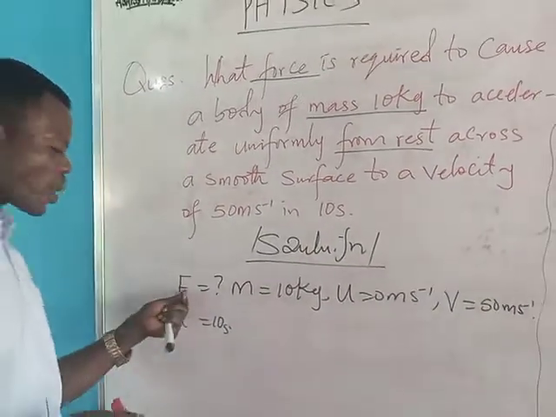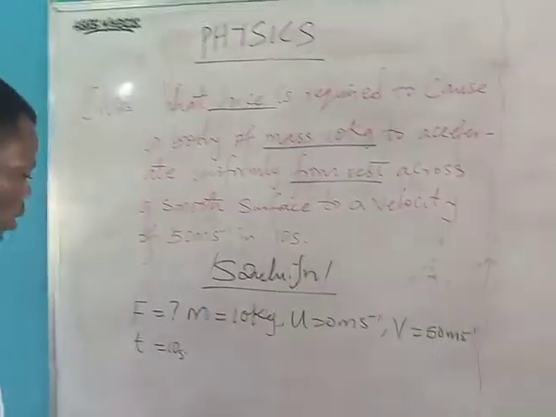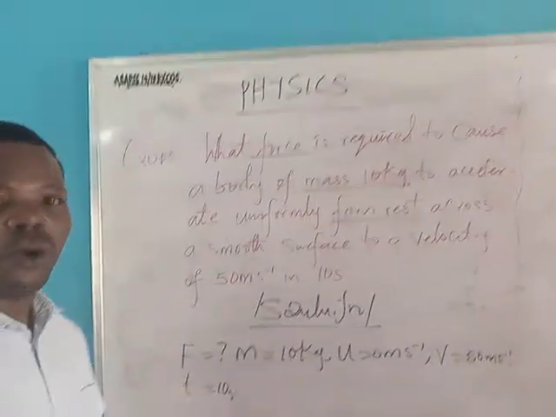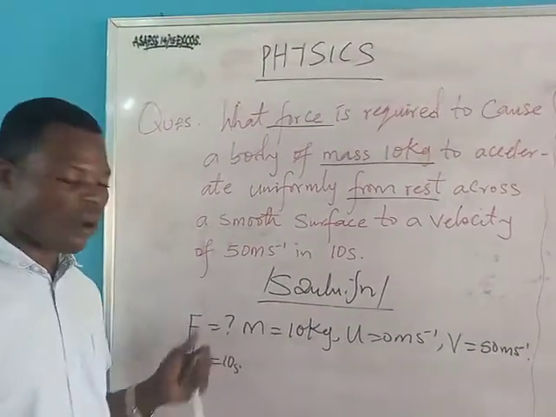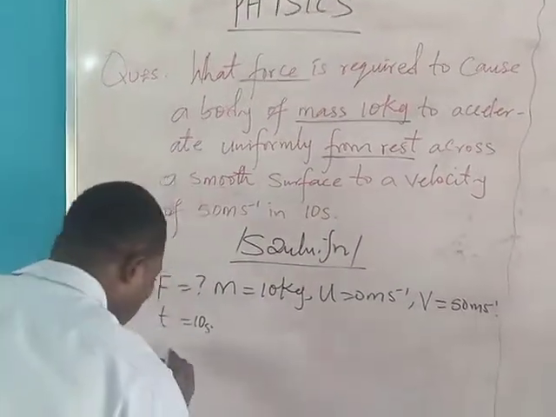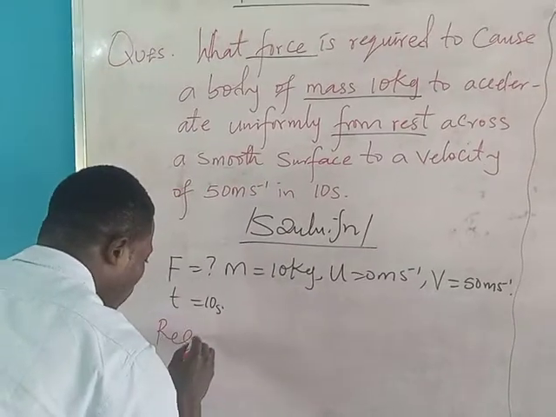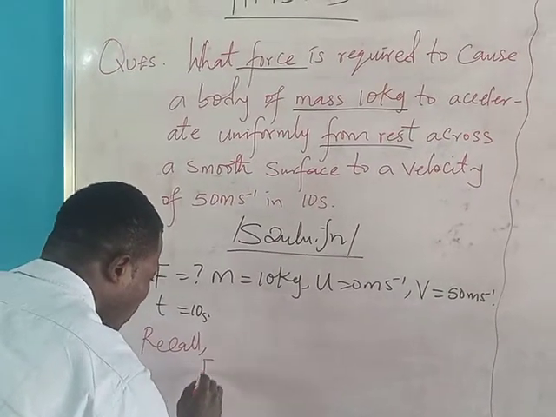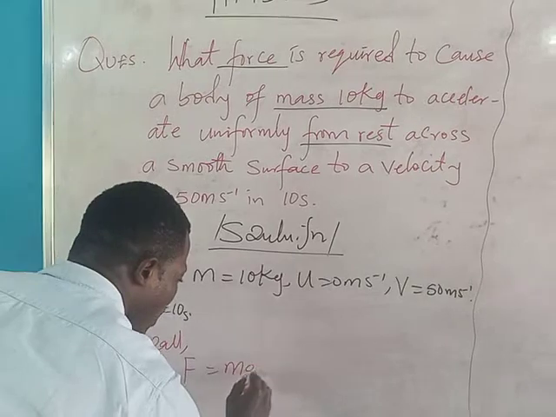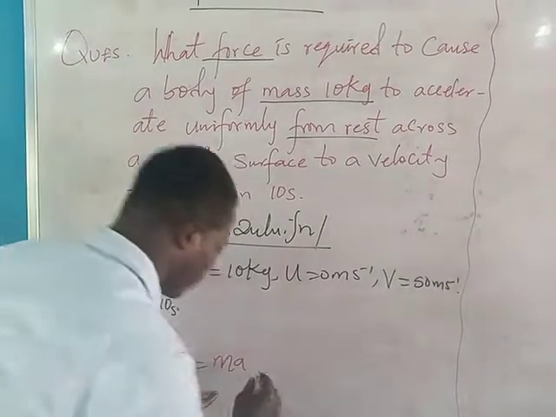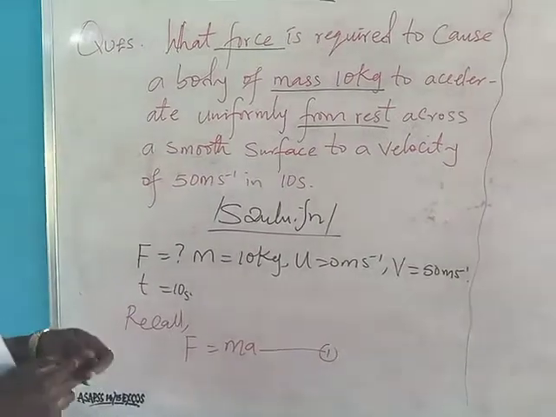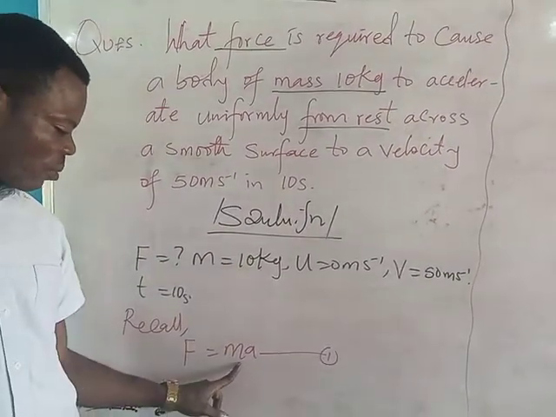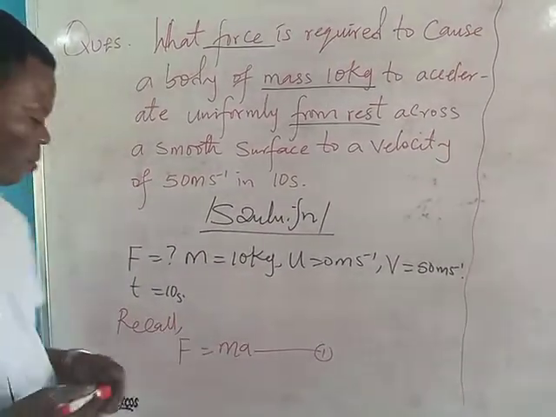Now, to get our force, don't forget we have so many formulae we can use. If we are to use F equals MA, our M is given, but A is not given.